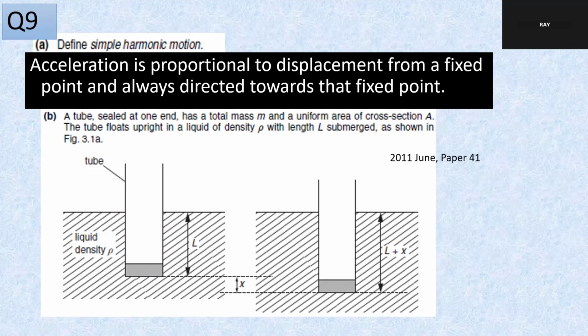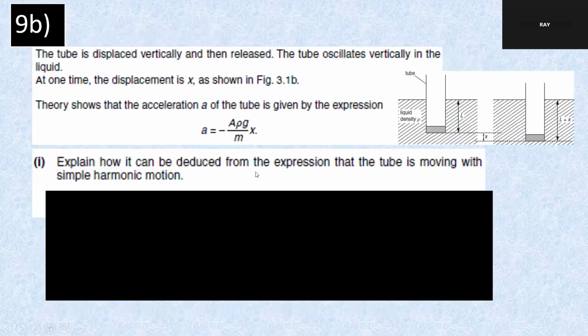A tube is sealed at one end, has a total mass of m and uniform cross-sectional area A. The tube floats upright in a liquid of density rho and length L submerged as shown in the figure.